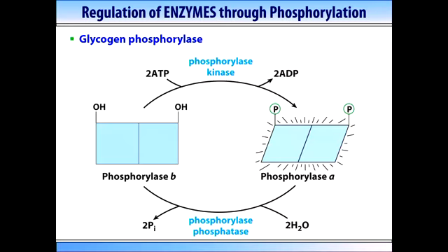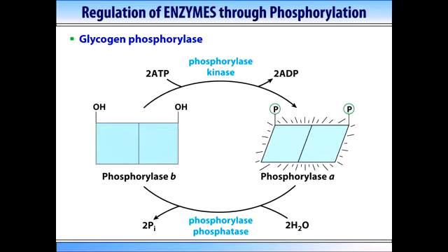This is an enzyme which attaches a phosphate group to the inactive form of phosphorylase. When these phosphate groups are attached, phosphorylase becomes active and starts chopping off glucose from the glycogen.